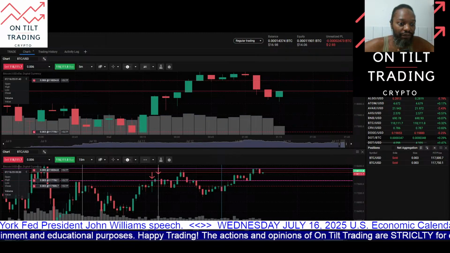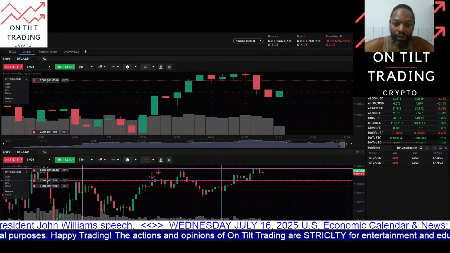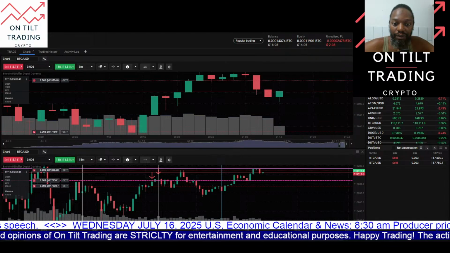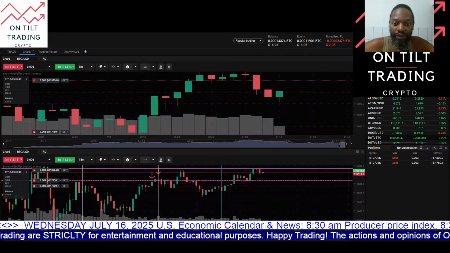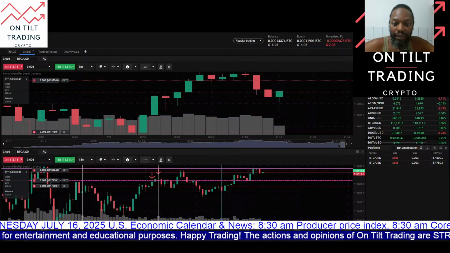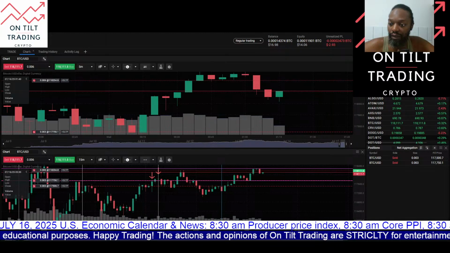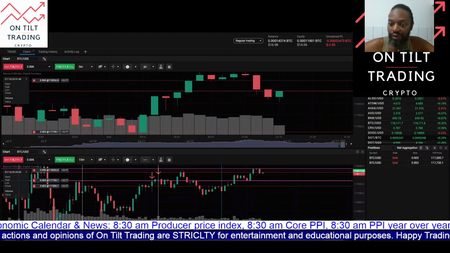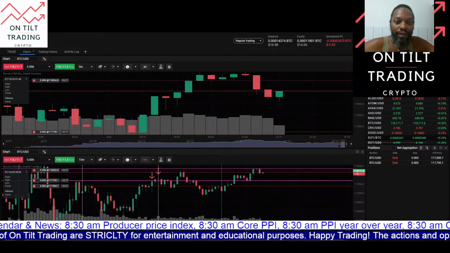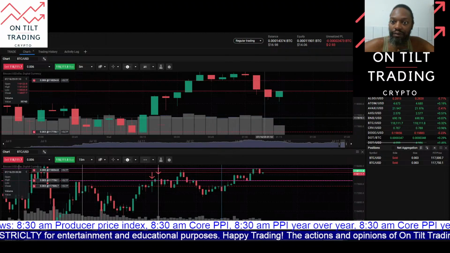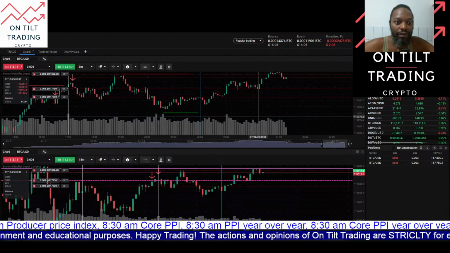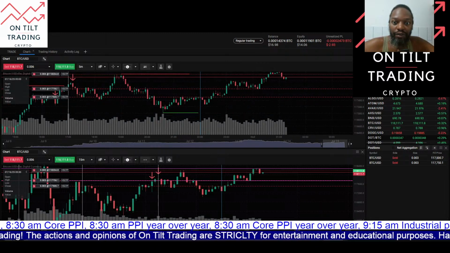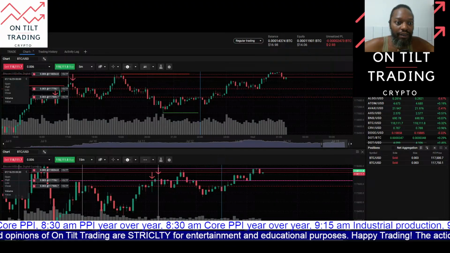So here on the 15-minute overall, showing an uptrend, pulling back here within the range. So this here being the current range, and then here this price action sweeps this level here.